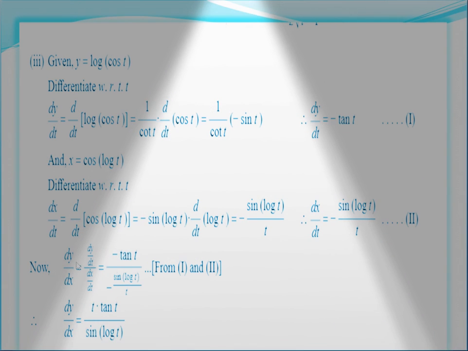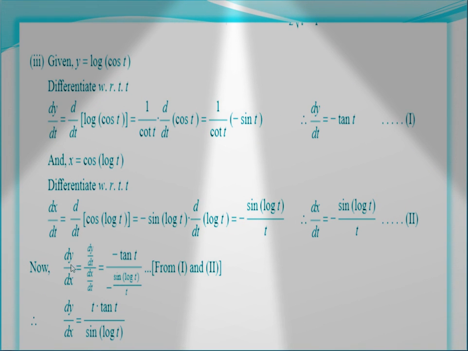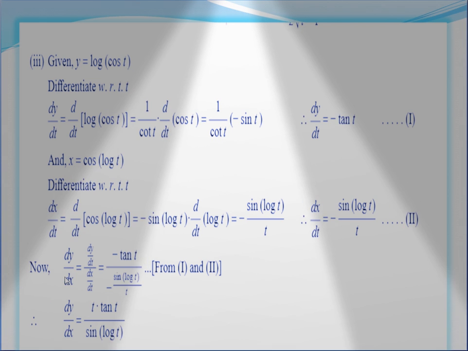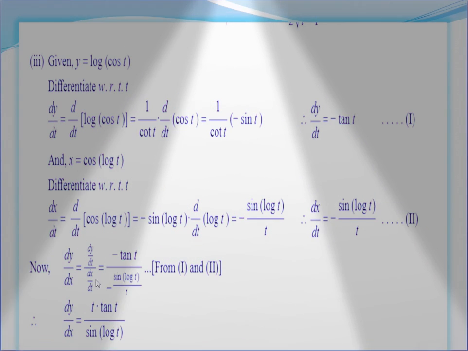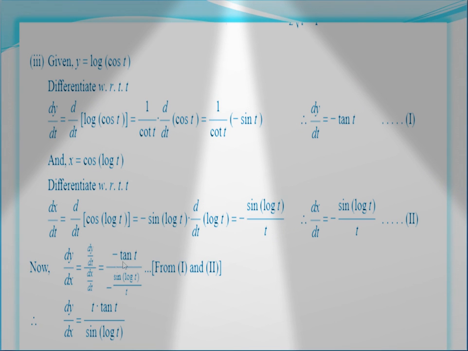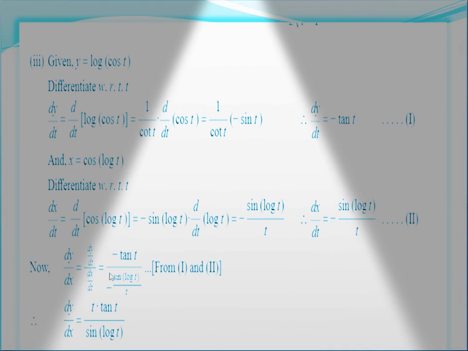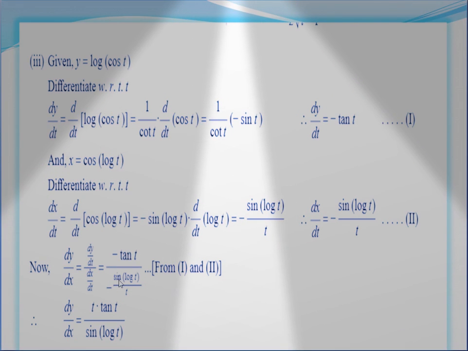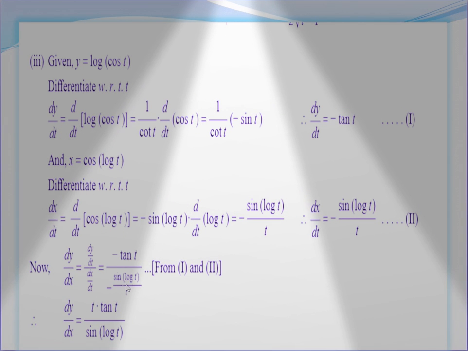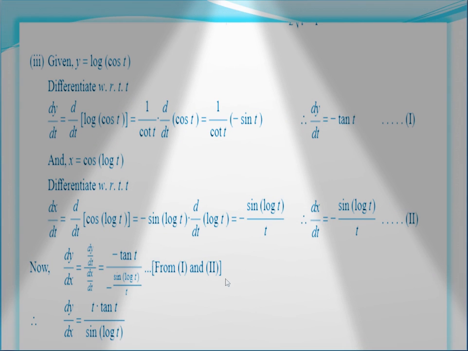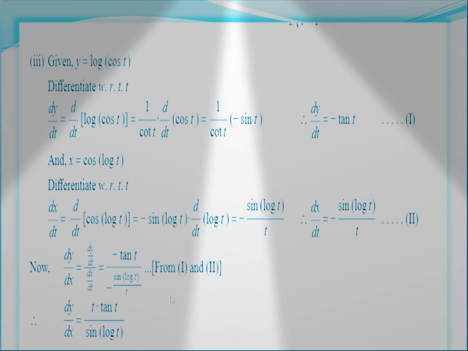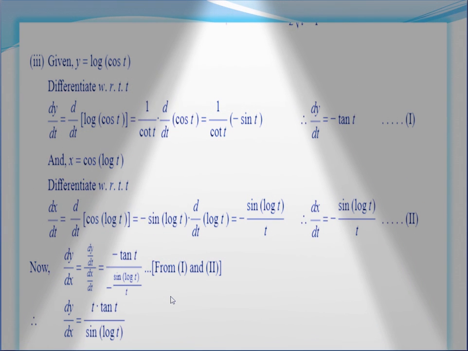Now again we know that the parametric rule is dy upon dx is equal to dy upon dt upon dx upon dt equal to minus tan t upon minus sin of log t upon t, putting the values of dy by dt and dx by dt from equations first and second. Now here minus upon minus sign cancels out.